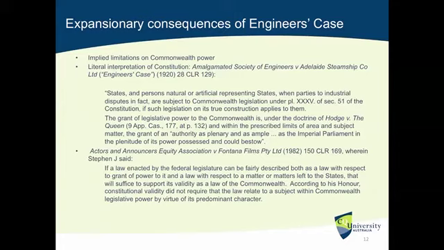So just to emphasize, let's assume that the Australian Commonwealth Parliament passes a law.